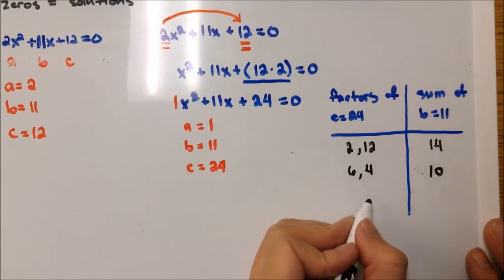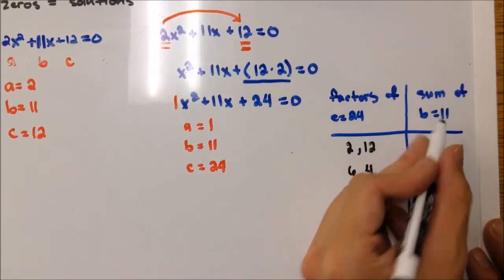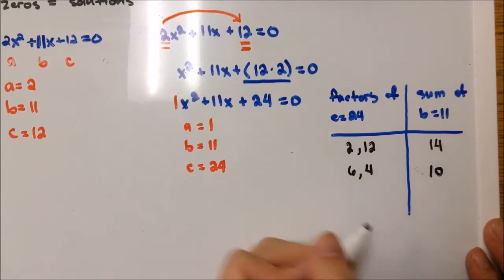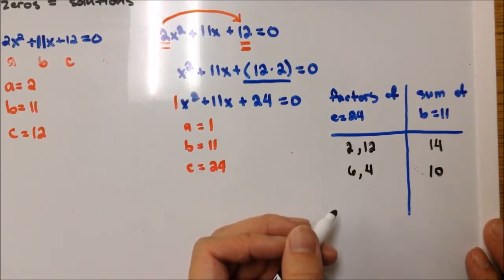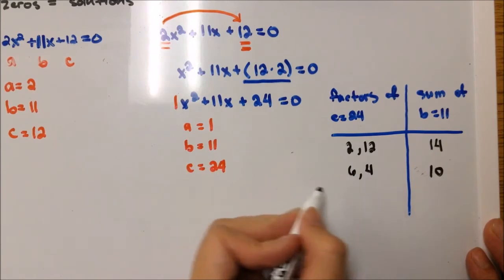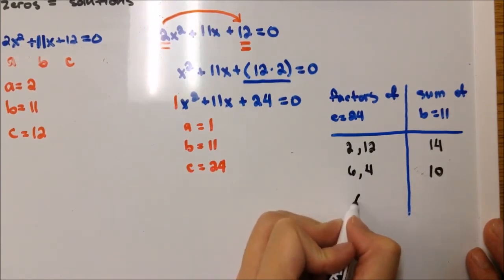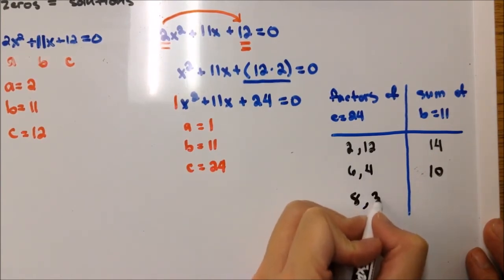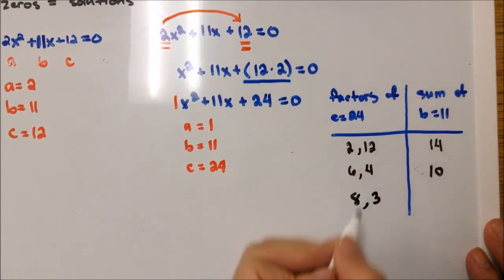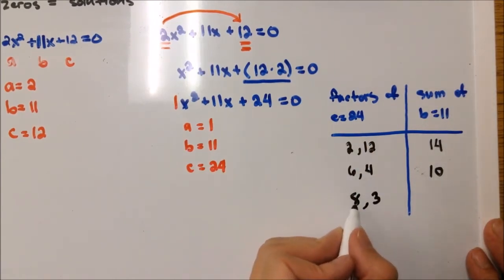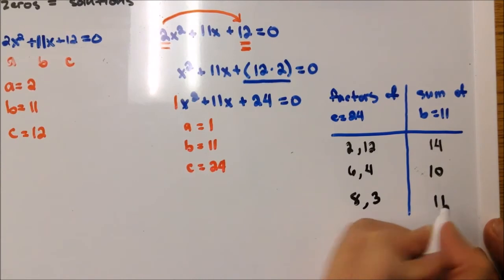Well, it does not exactly match 11, so we can't use that. So the other factors I could think of would be 8 and 3. 8 times 3 will give us 24, and the sum of 8 and 3 is 11.